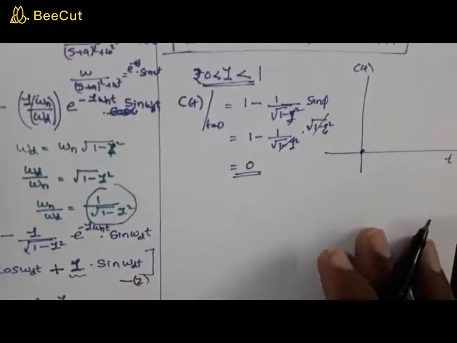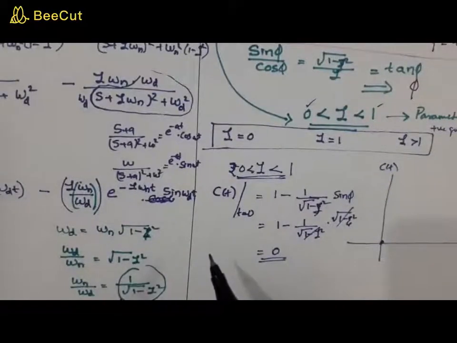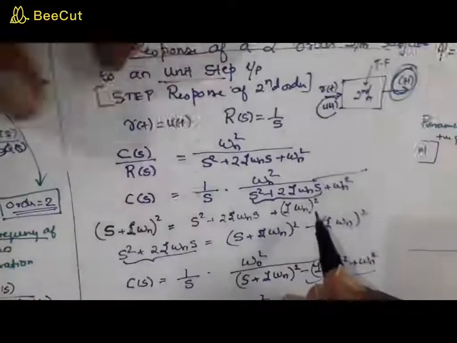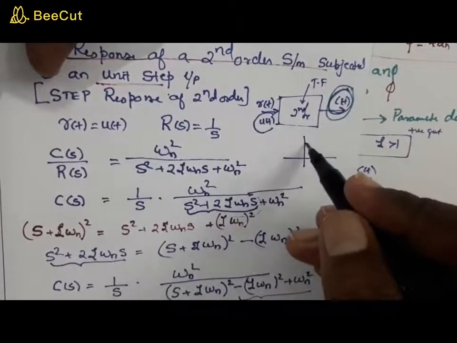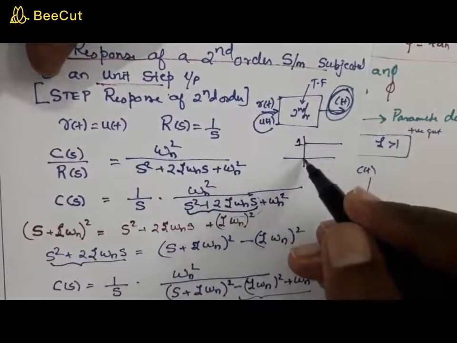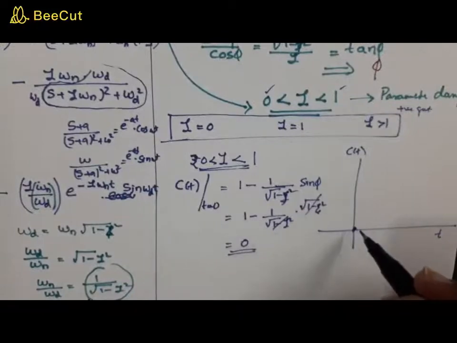Now what happens? As I've told you earlier, you are giving an input u of t here, right? And what you are expecting in the output is this, but you are not going to get that, because at t is equal to 0 we found it is equal to 0, right?